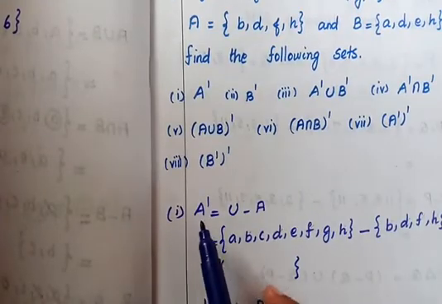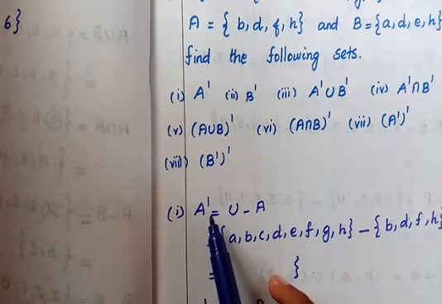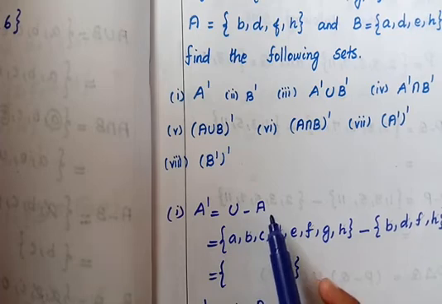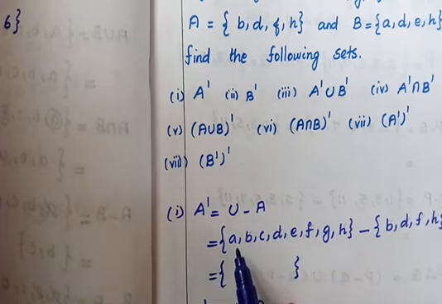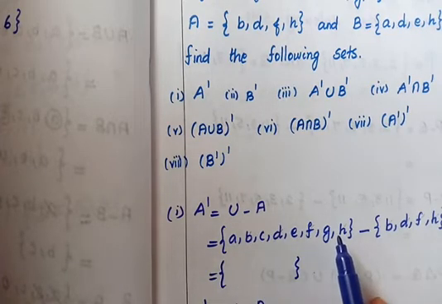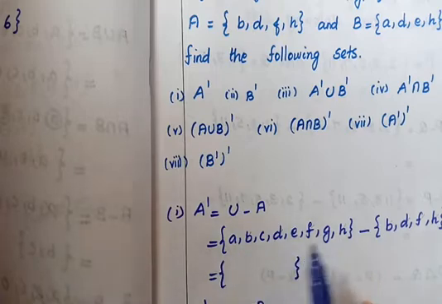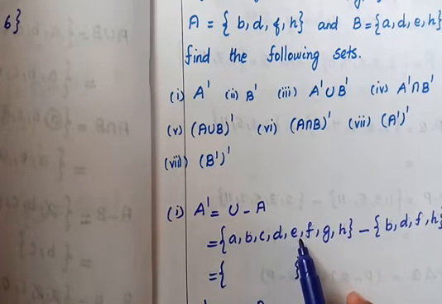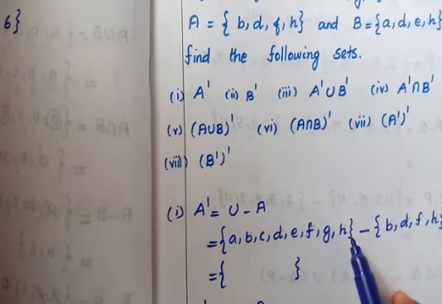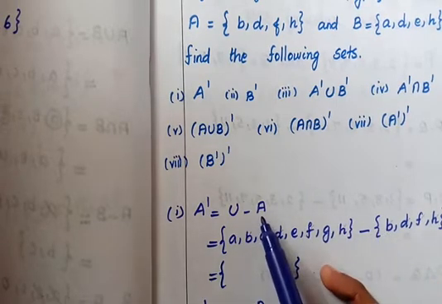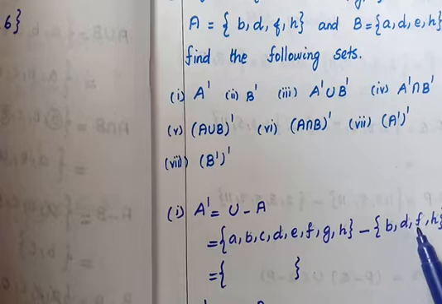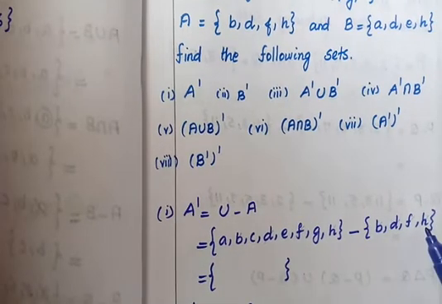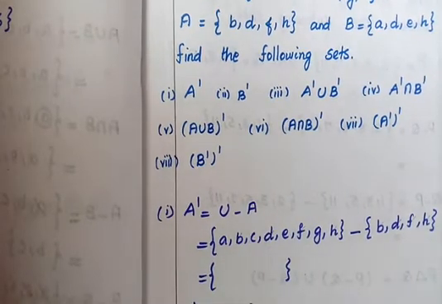First let us find A dash. The formula is U minus A. So first we have to write the universal set. What are the elements in the universal set? A, B, C, D, E, F, G, H minus A set B, D, F, H. Now we have to cancel the common elements.